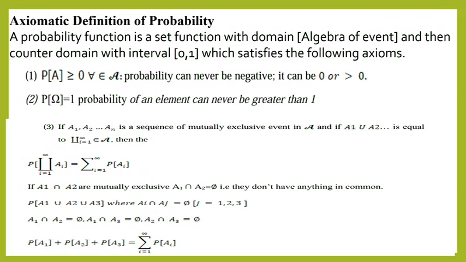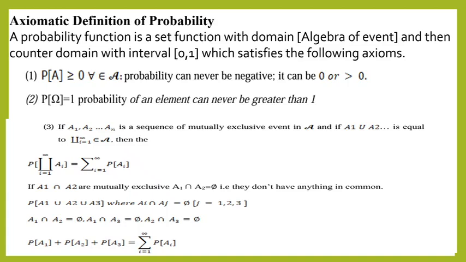Now, let's talk about the first axiom. It says, for any event A contained in the algebra, probability of A is greater than or equal to 0. What does this imply?